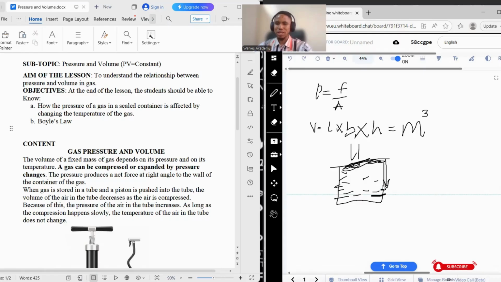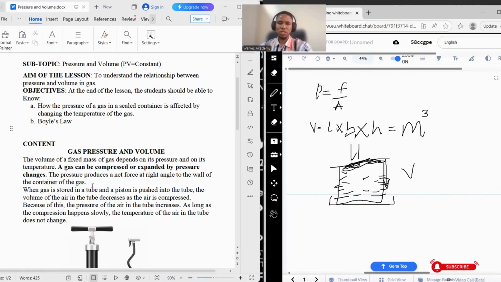At that point, that's when there is what we call gas pressure. So the force exerted on the certain area, which is the wall, while the force is the particles colliding with the wall, that gives pressure. While the space in which the gas is, the container itself, is the volume. Okay, so that's the volume of the gas.